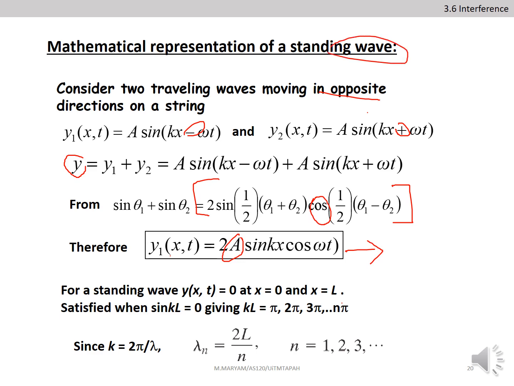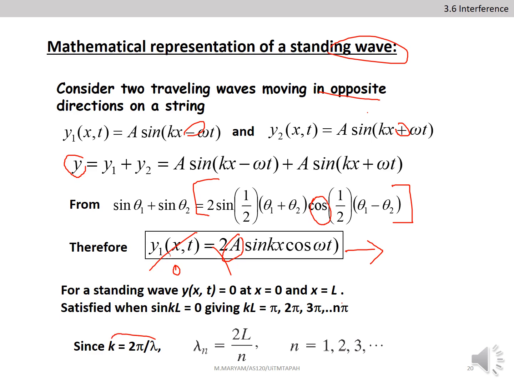Then for a standing wave, y(x,t) equals 0 at x equal to 0 and x equal to L. This is satisfied when sin kL equals 0, given that kL equals π, 2π, 3π, up to nπ.